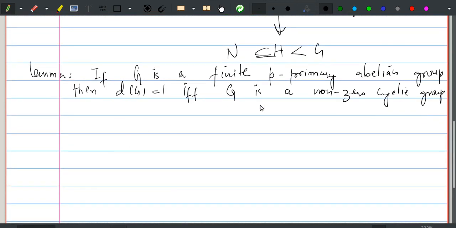So we have to prove if G is a finite p primary abelian group, then d G equal to 1 implies that G is a non-zero cyclic group, and if G is given to be a non-zero cyclic group, then d G is equal to 1. So let us prove this. Let us prove first this direction.